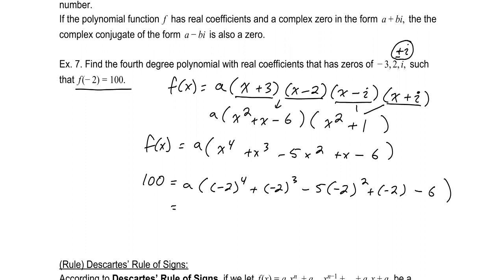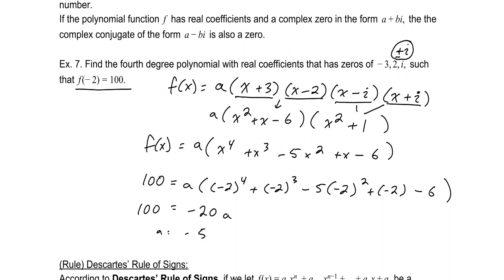Alright, so negative 2 to the 4th is 16, minus 8, and that's 4 times 5, so minus 20, minus 2 minus 6. This is negative 20. So that makes negative 20a equals 100.